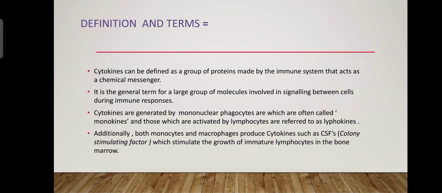Cytokines generated by mononuclear phagocytes are known as monokines, and those generated by activated lymphocytes are known as lymphokines. Additionally, both monocytes and macrophages produce cytokines such as CSF, colony stimulating factor, which stimulates the growth of immature lymphocytes in the bone marrow.